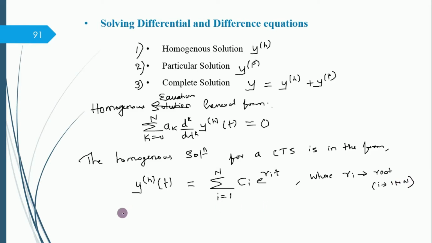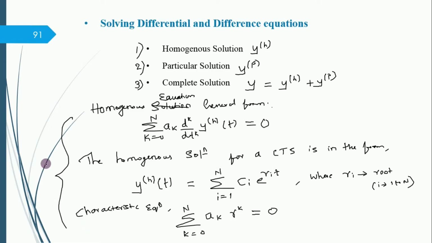That's the meaning. And we write the characteristic equation form. The equation looks like summation k is equal to 0 till n a_k r raised to k equal to 0. This is how the characteristic equation looks for continuous time. All these things that I have written are for continuous time systems.